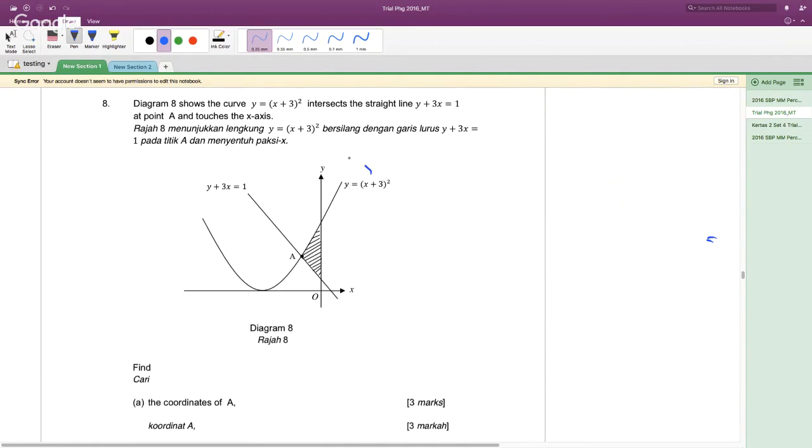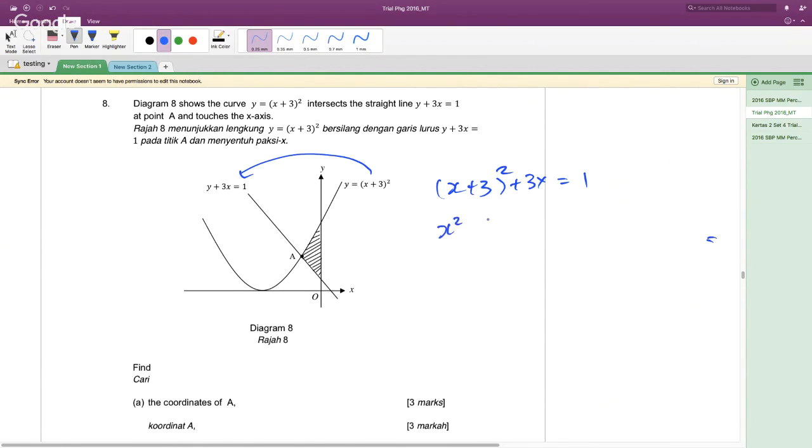So you just do the simultaneous over here. That means I substitute the y into the equation here. So I have y plus 3x equals 1, and my y equals x plus 3 squared. I just substitute into here and solve to find x.